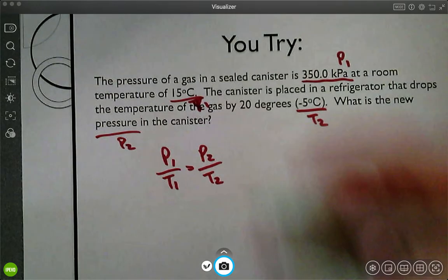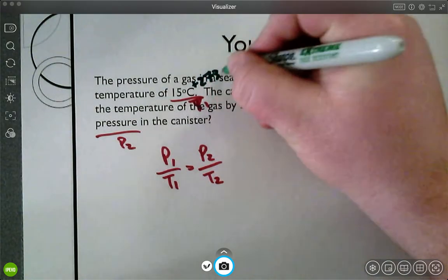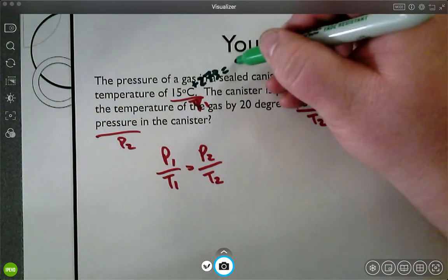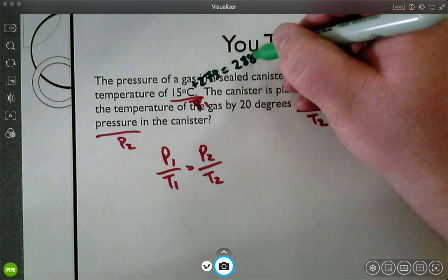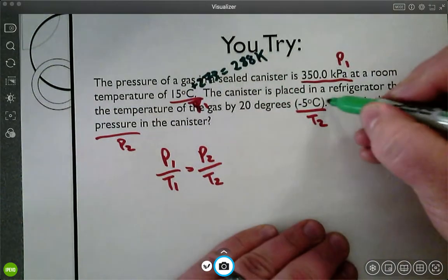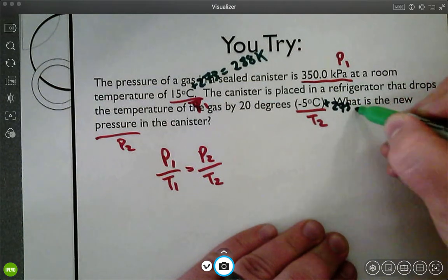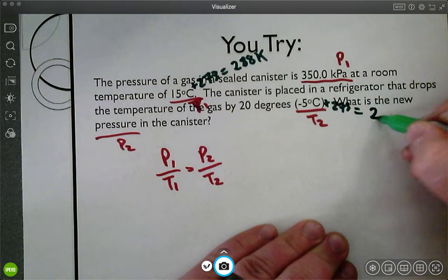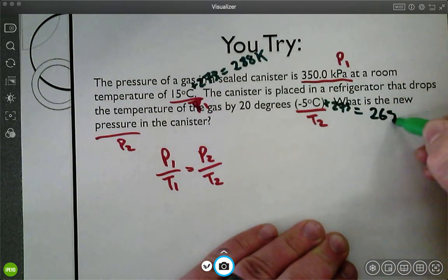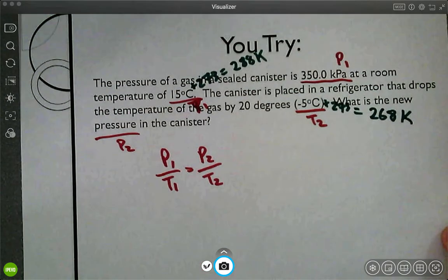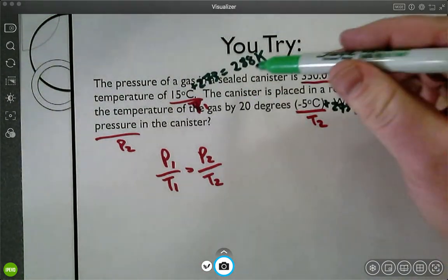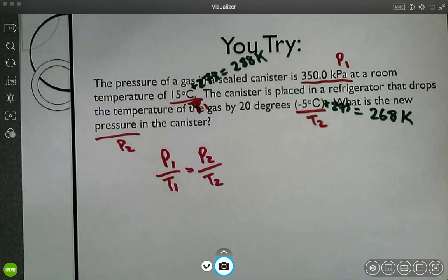Okay, so add 273 here, and that gets me 288 Kelvin. Add 273 here, gets me 268 Kelvin. Okay, so T1 is 288 and T2 is 268.